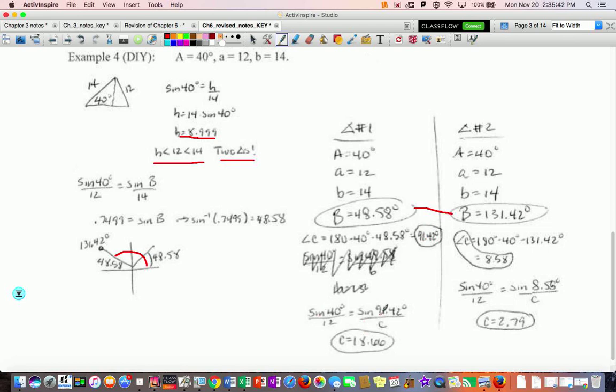Set up your law of sines. This one you'd cross multiply, you get 18.66. So again, law of sines would produce this. So this time, I'm not showing you with isosceles triangles. We're just using angles and reference angles. Now add the two angles together, and you're going to get 8.58. That would be the skinny triangle up in here. And then you do law of sines again, and you get 2.79. So hopefully that made sense.